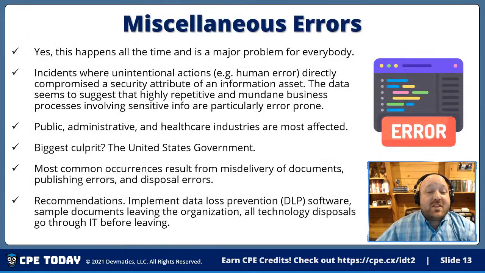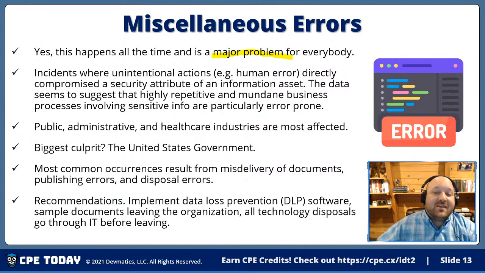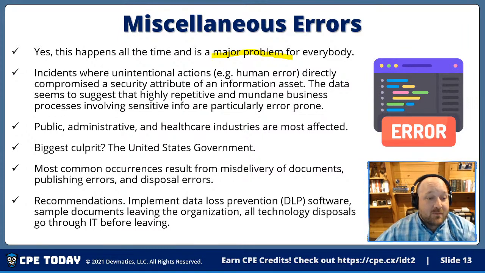A lot of organizations are still susceptible to errors. This happens all the time, and it is a major problem for everybody. We've all fat-fingered something and accidentally sent an email to somebody we didn't intend. We've all probably accidentally forwarded something we shouldn't have forwarded. We've probably accidentally opened up a file for sharing on the web that we forgot about, and didn't turn around and make it private at some point.